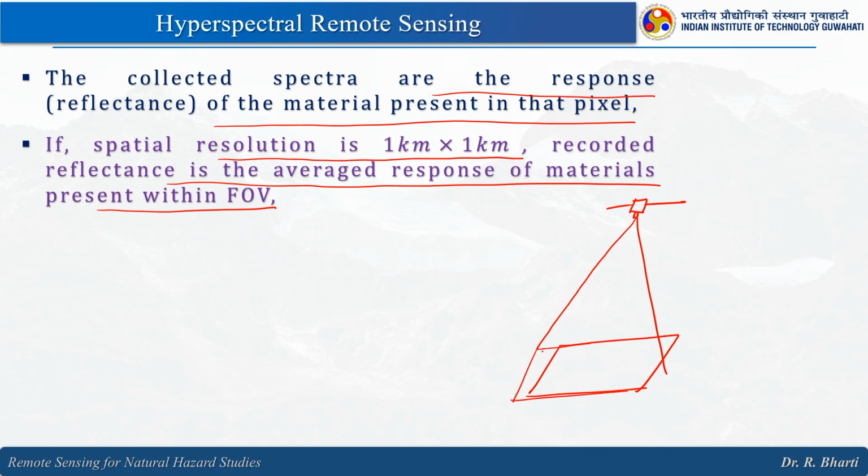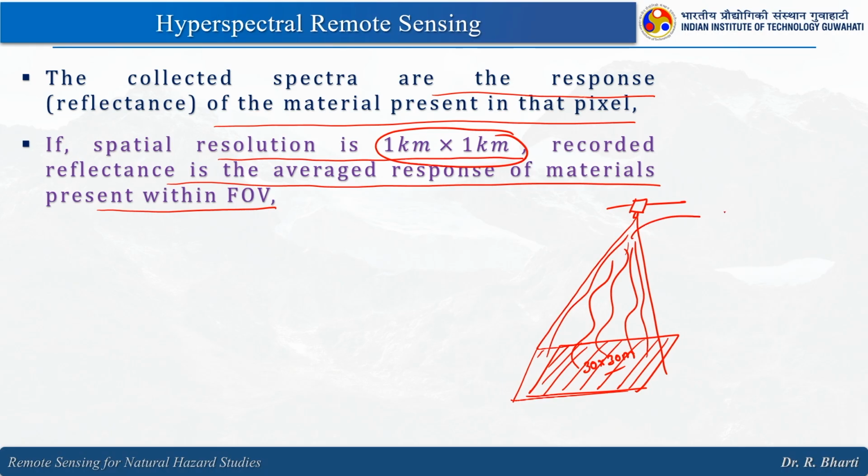This area can be 30 by 30 meters, or 1 by 1 kilometer, or centimeter by centimeter level. Depending upon the ground coverage, this whole area is captured, and whatever energy is coming from this 30 by 30 meters is averaged and stored as one single DN value.